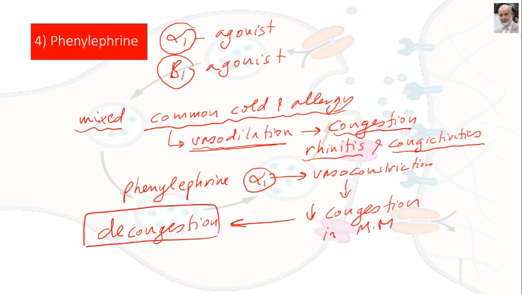Congestion of the mucous membrane of the nose will lead to what's known as rhinitis, and congestion of the mucous membrane of the eye will produce conjunctivitis. In this case, when phenylephrine is taken, it will act on alpha-1 receptors on the mucous membrane blood vessels, producing vasoconstriction, reducing the size of the mucous membrane, i.e. reducing the congestion, and this is known as the decongestant effect or decongestion.